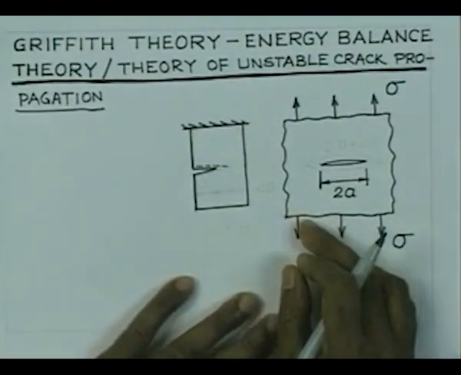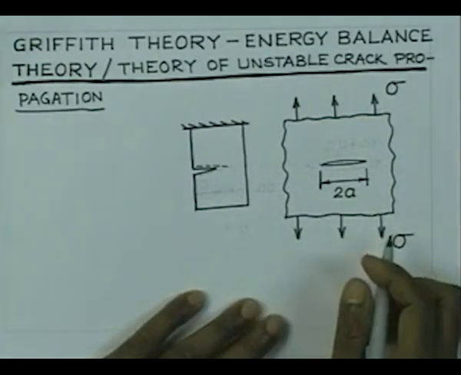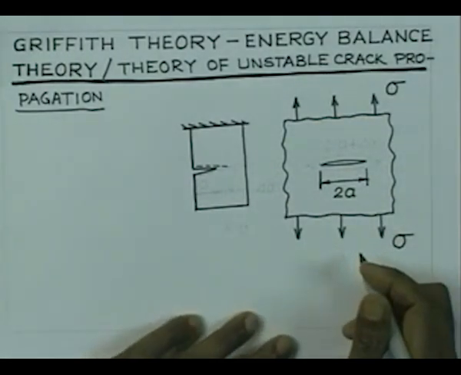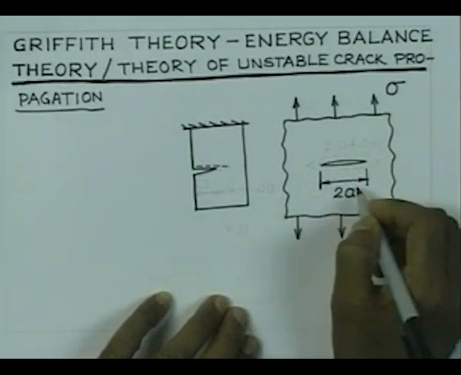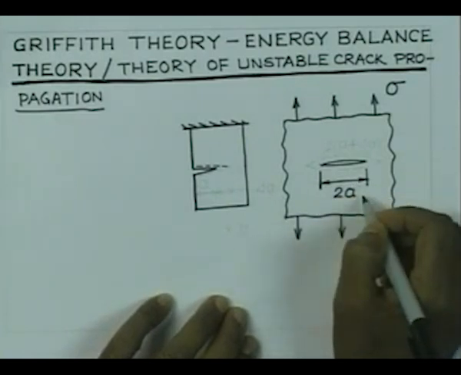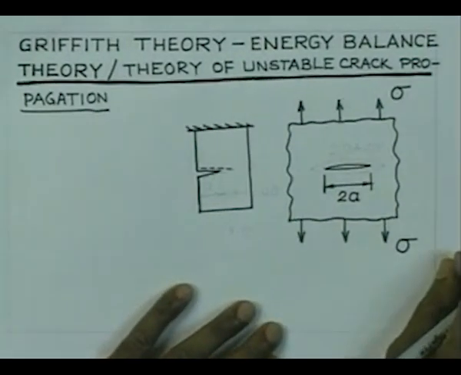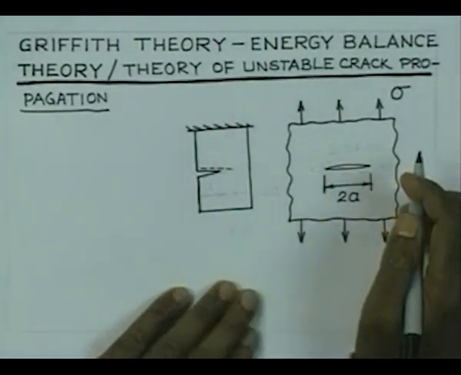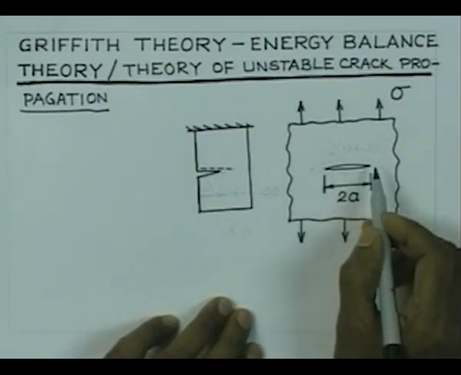Now, let us look into schematically a case of a plate again of uniform thickness, and it is consisting of a crack, sharp crack of dimension 2a. What we are interested in looking for, what will be the condition so that this crack will extend unstably.